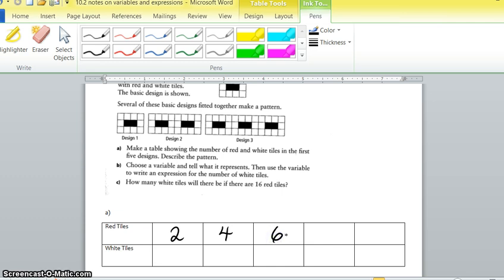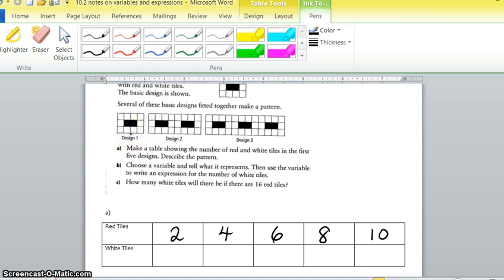Now, we have to keep going. Even though we don't have 4 and 5, we can predict that because it looks like the number of red tiles is increasing by 2 each time, perhaps in the 4th design we'll have 8, and then in the 5th design we'll have 10. Now, with the number of white tiles, let's see what we have here.